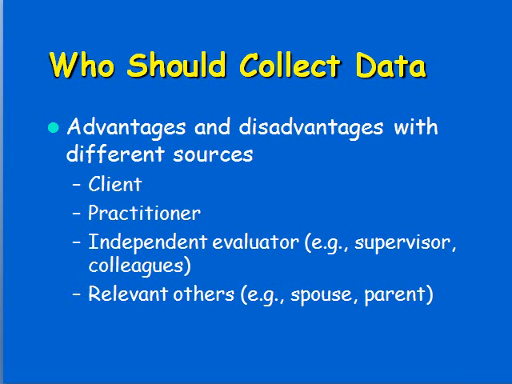It may not be what the client wants to hear, and it may actually affect the relationship between the client and the relevant other. So you may estrange a client from a relative or a friend, and you certainly don't want to do that.